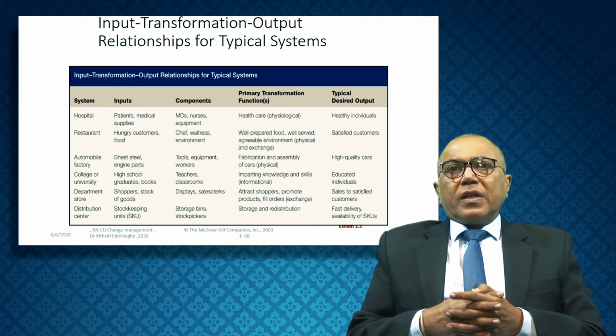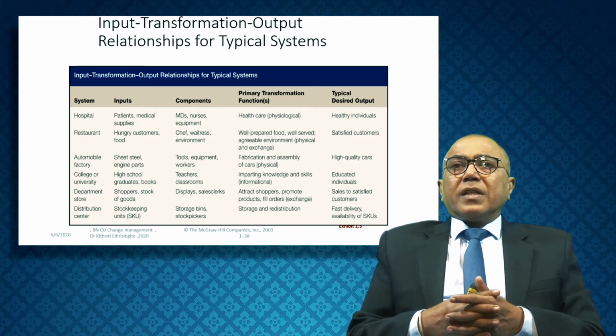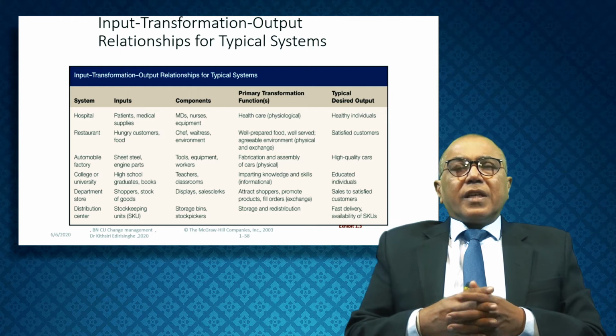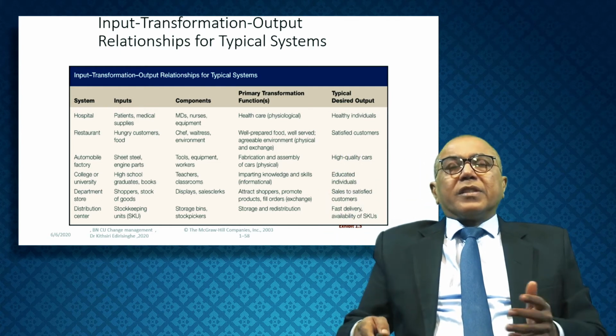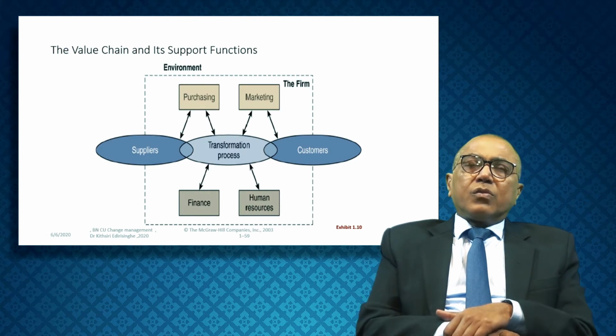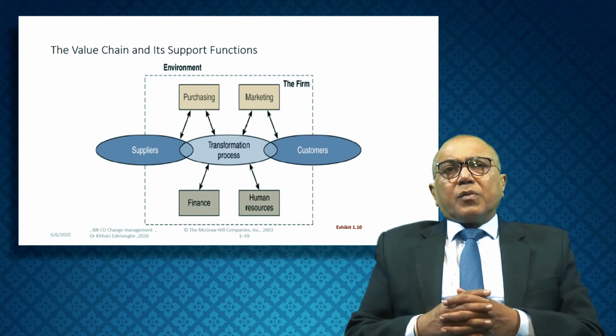It's more of a physiological transformation. And then finally, we get the desired output, that's the healthy individual, right? We have an ill patient, we transform them to a well patient, right? So these are the things that you really do in a transformation process.